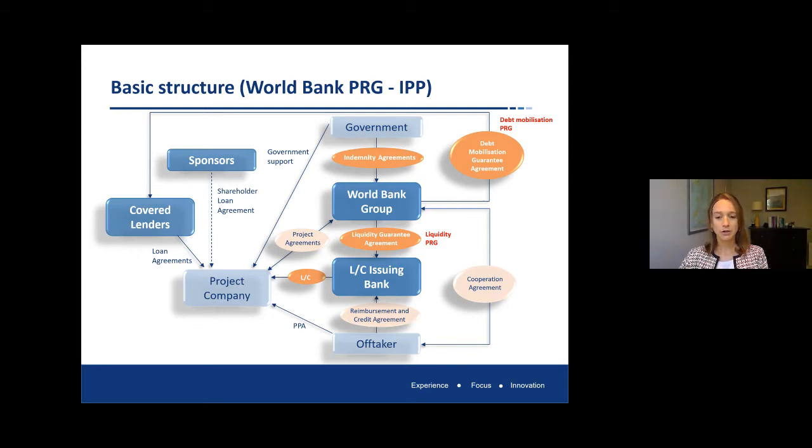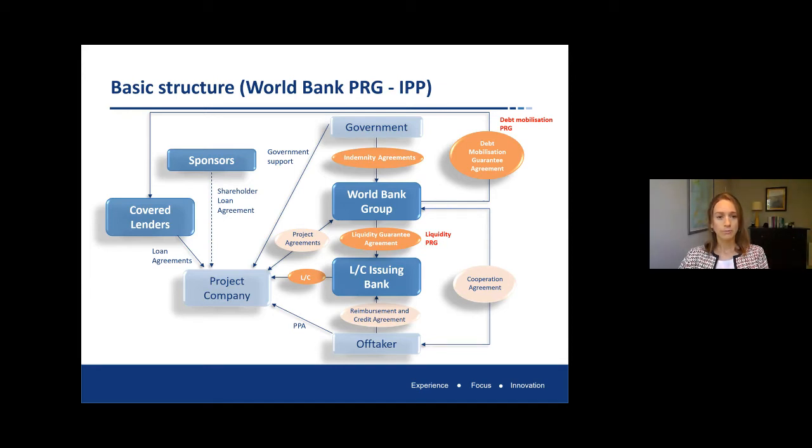But in the context of this wider look at the PRG, the key point to note here is that this is the agreement that creates a contractual nexus between the World Bank Group and the host government in the country in which the products are being deployed. And that can contain a number of obligations for the government to comply with in order to satisfy World Bank requirements. So it really is the key document that actually underpins the deployment of the PRG in country.